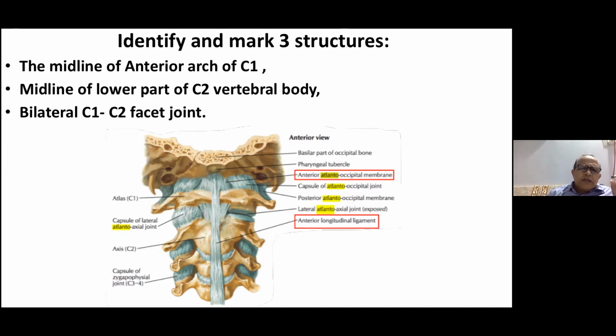So de-zoom and identify all the structures, the anterior arch of the atlas, mark the midline of C1 arch so that you don't get disoriented later on. Mark the midline of the lower portion of the C2 vertebral body. Also mark or open the facet joint on either side. So you know all these three structures and then you proceed.